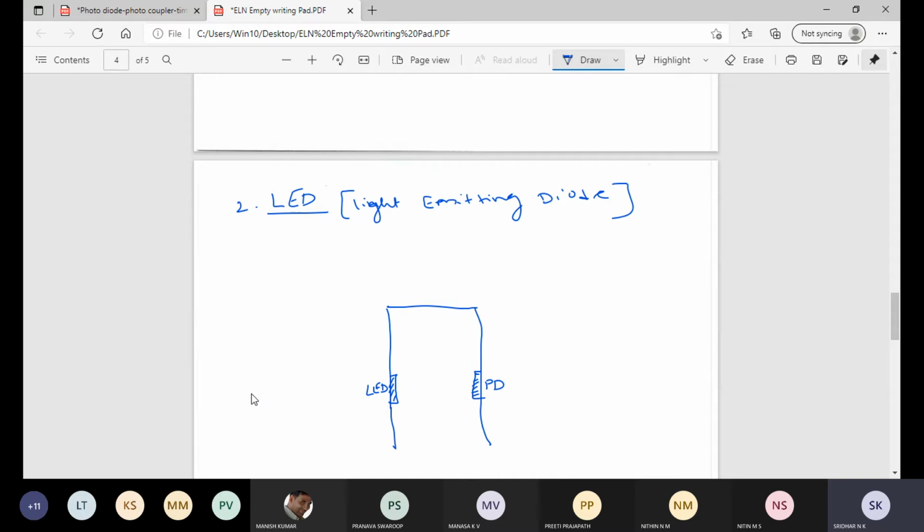Once the circuit is on, this LED will continuously emit light, and this photodiode will continuously detect the light emitted by this LED.